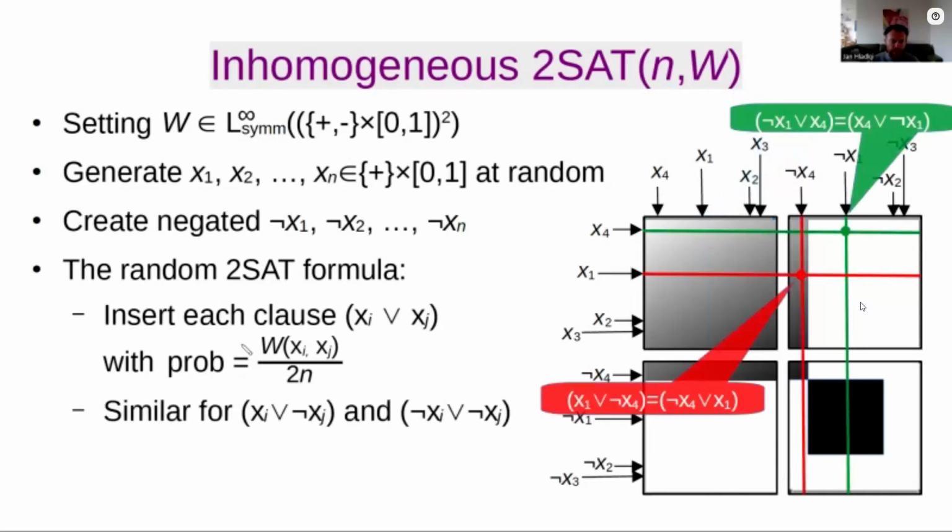And similarly I could decide the inclusion probability of the clause negation x1 or x4, which is the same as x4 or negation x1, but it's something different than x1 or negation x4, right? So I have different points to look at for that. And what I haven't done is that I may also decide to include or not to include the clause negation x1 or negation x4, right?